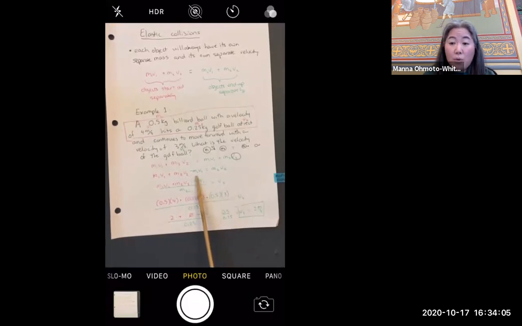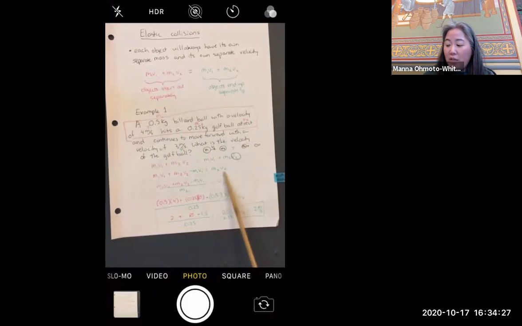Now it's really important to remember that this is not going to be the same number as this. Just because it's m1 and v1 here, that's pink, and pink is for before the collision, and m1 v1 is after the collision. So they have separate velocities, so they're not going to have the same momentum.